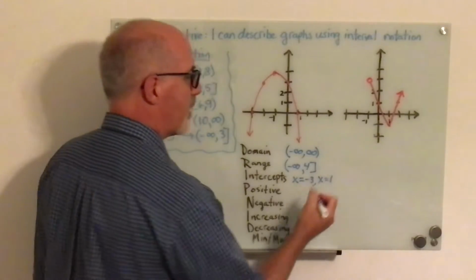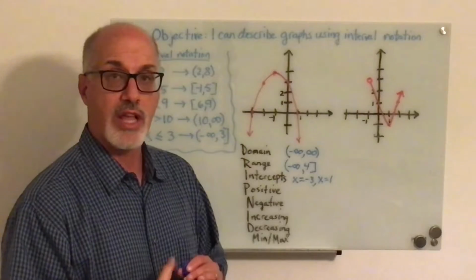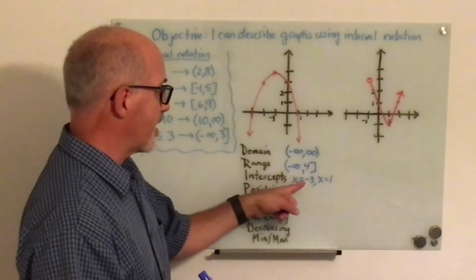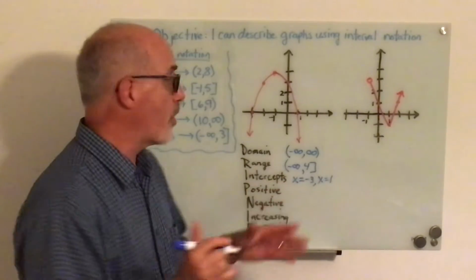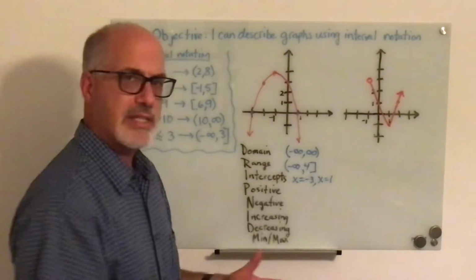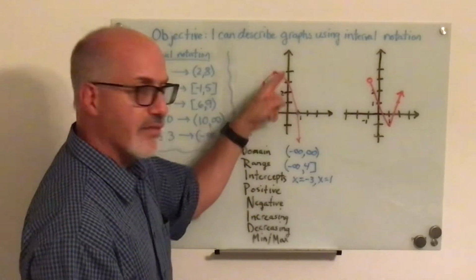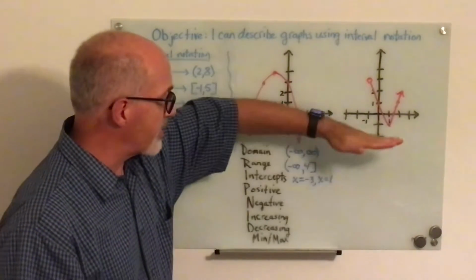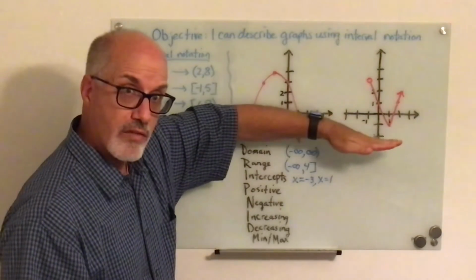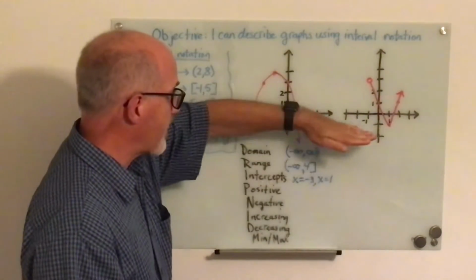Now those are going to be where the graph changes from positive to negative, so they'll help us with our intervals, because at these points it's neither positive nor negative, it's 0, and so we're not going to describe them as either. So positive, this graph is above the axis. If you think of this axis as water level, this is what's above water, this is what's below water. This is at water level.